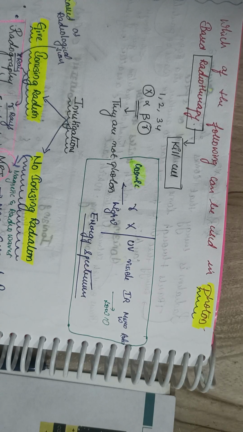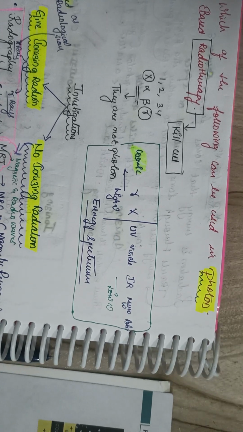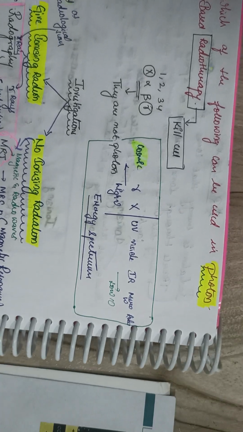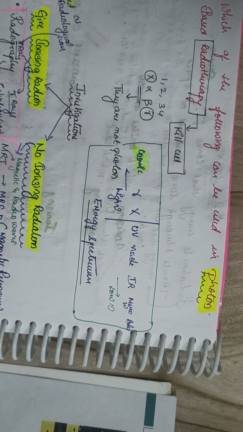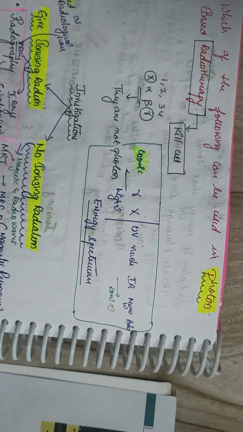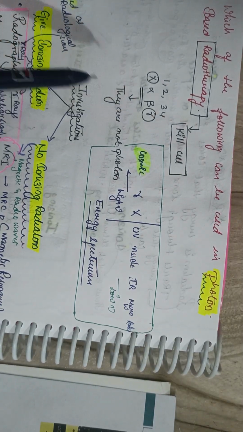You have X-rays, alpha, beta, gamma. Alpha and beta are the wrong answers. It is only the X-ray and the gamma.